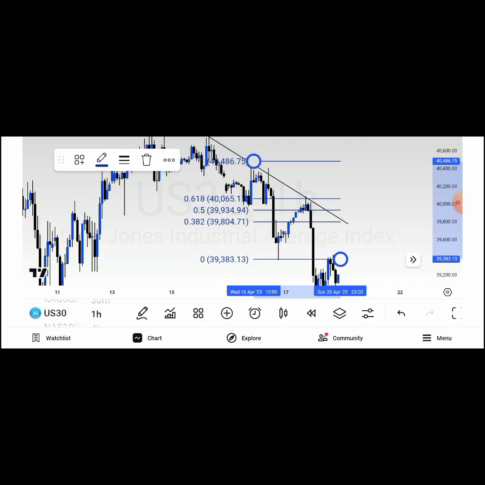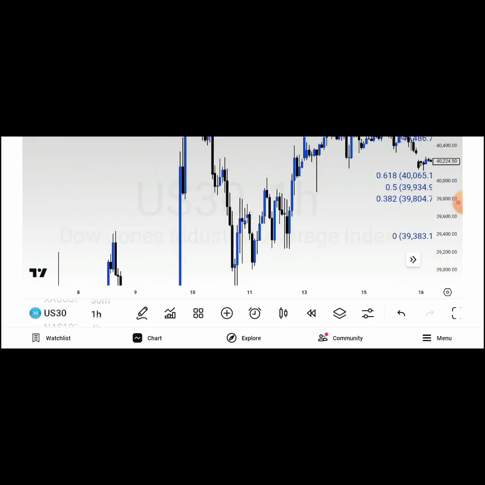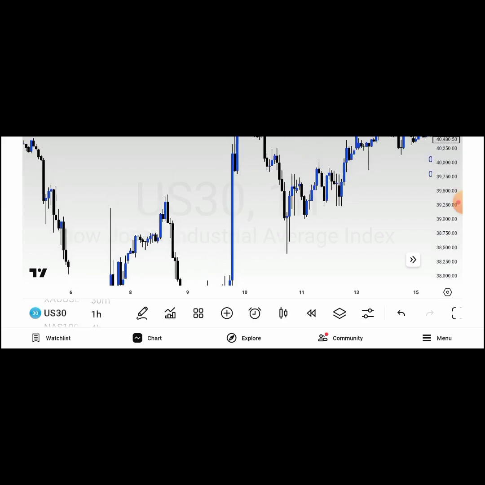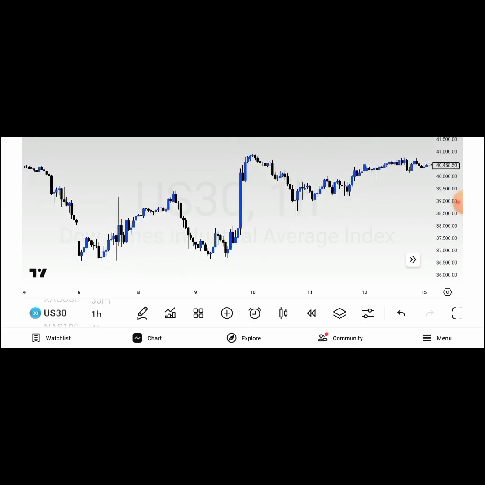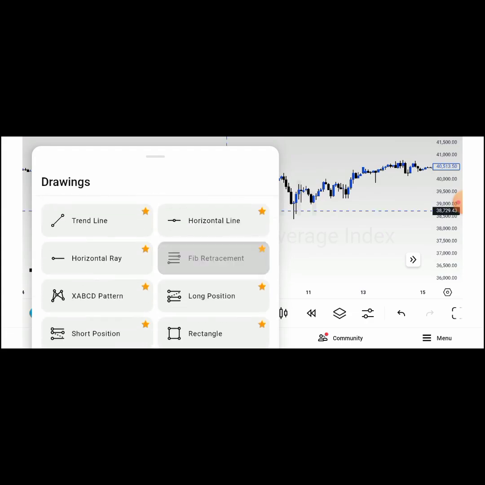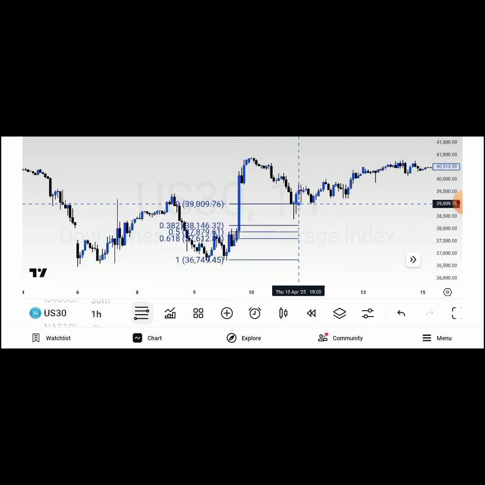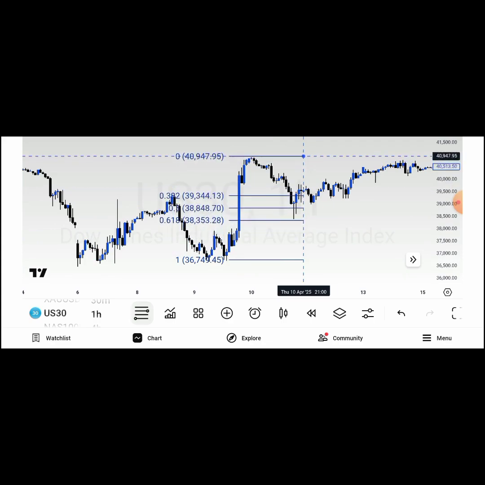Your Fibonacci might not look like mine because I edited everything on my chart to my own pleasure. Now these things don't always work. Nobody is a lord of the market. Do you understand? You are not controlling the market's reaction. So for an uptrend, you drop it like this and you move it up.